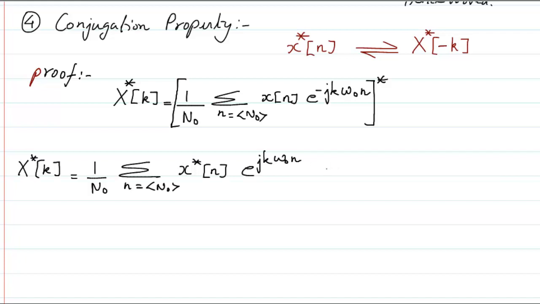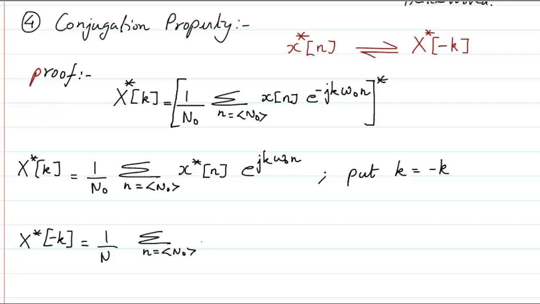Now if I put minus k instead of k, then X conjugate of minus k is equal to 1 by N naught summation n within the period N naught, x conjugate of n e raised to power, since I take minus k instead of k, minus j k omega naught n.